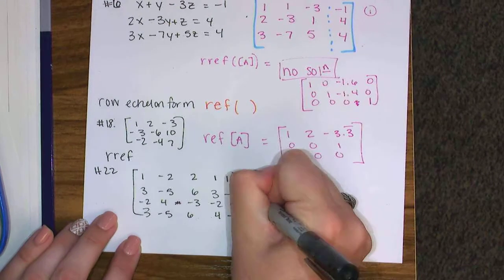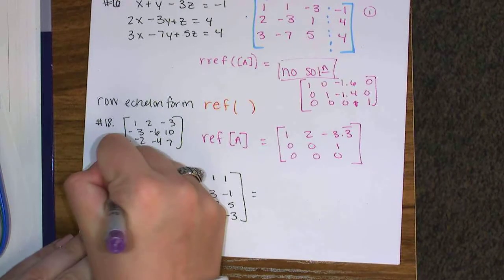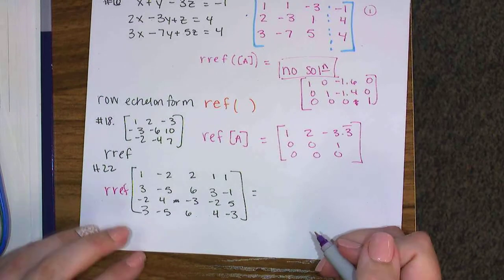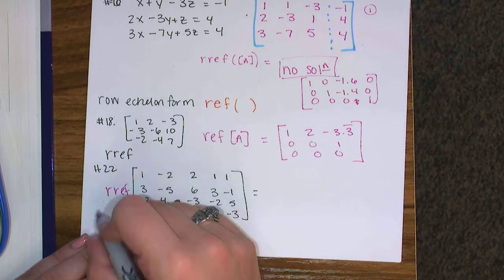Because this one is so big, I'm just going to write the RREF out front here. And that's fine. When you're copying these problems down, you can just write it this way as well, just RREF of that.